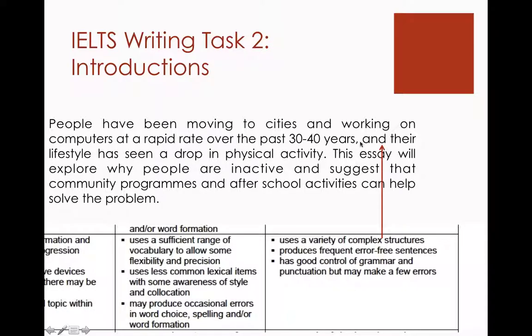So this is a compound sentence. C-O-M-P-O-U-N-D, compound sentence. Okay, and is that a complex structure? Yes. Produces frequent error-free sentences. This subject-verb-object structure is very strong, so that will be error-free. It's not complicated. And notice I'm not using that or which.